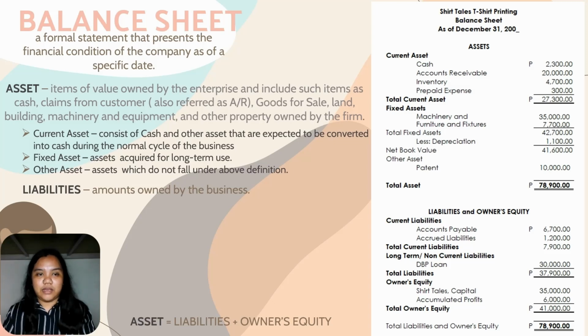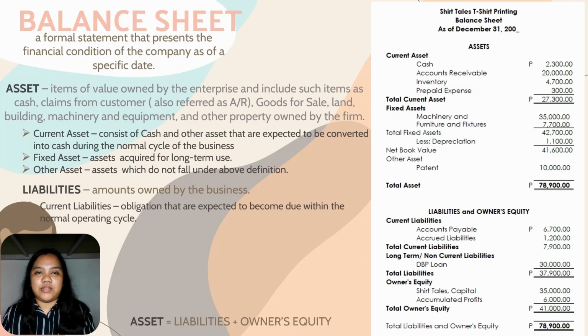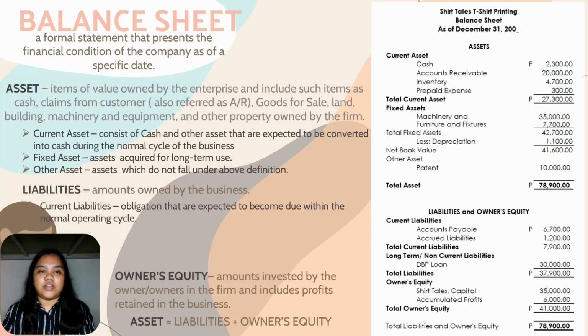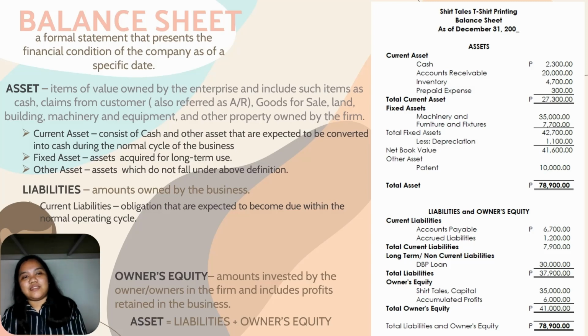Next is liability. It is the amount owed by the business. So, these are the debts of the company. There are two kinds of liabilities, which are current and long-term or non-current liabilities. Current liabilities, whereas asset is converted within the normal cycle, are liabilities that are paid within a normal operating cycle.